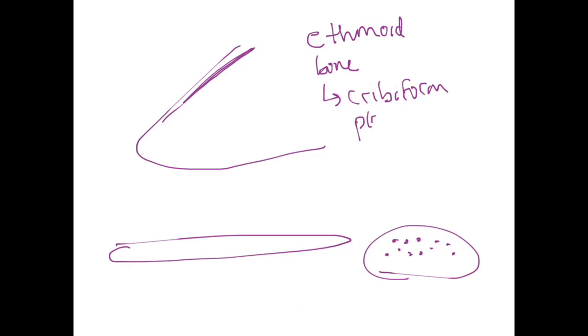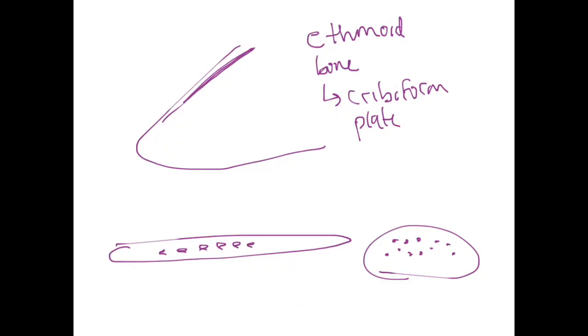And this specific part of the ethmoid bone, that word is ethmoid bone. Within this ethmoid bone, we have this portion called the cribriform plate, which is this portion that has all of these holes. So just imagine that there's these holes all over the surface of this thing.